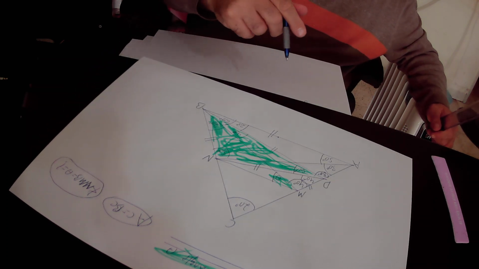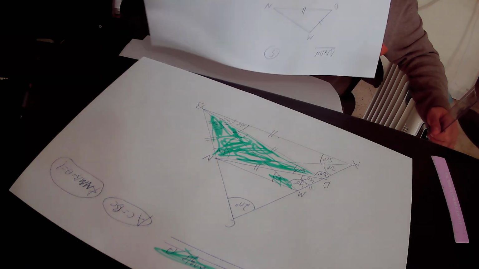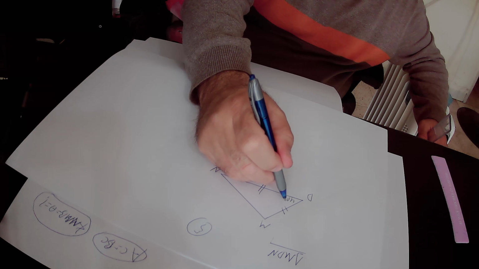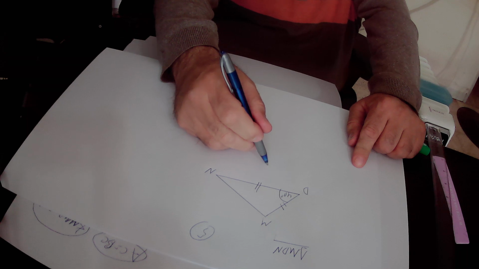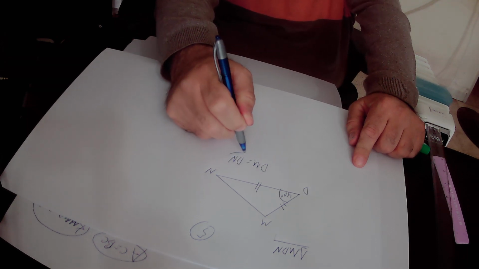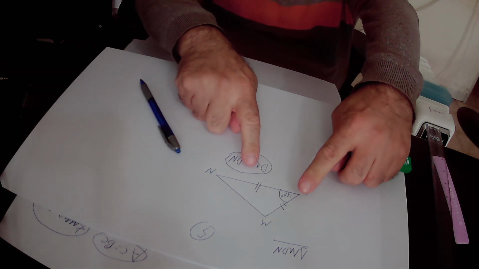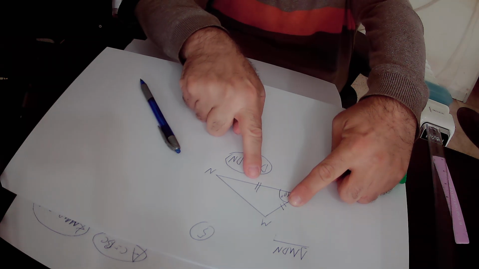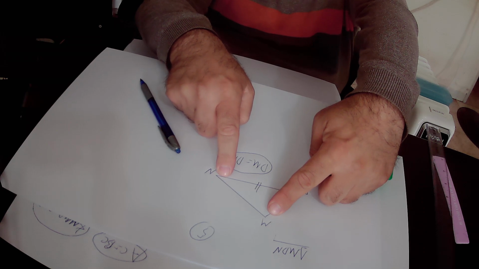And we already found out that angle MDN, this angle, equals 40 degrees in its size. So DM equals DN, and we have the same rule, that in front of equal sides there are equal angles. So in front of those two sides, we have those two angles. Therefore, those two angles must be equal to each other.